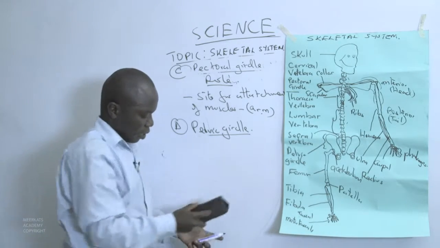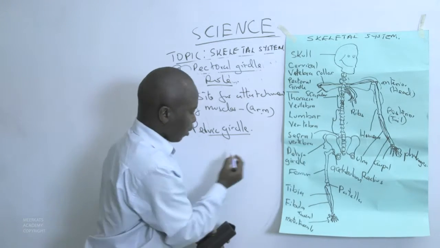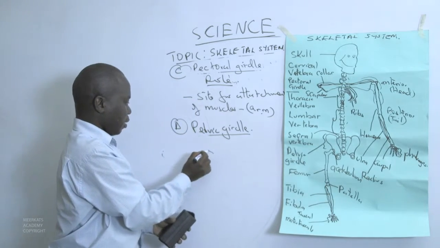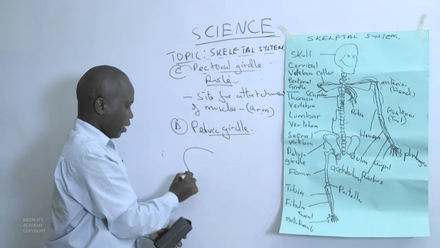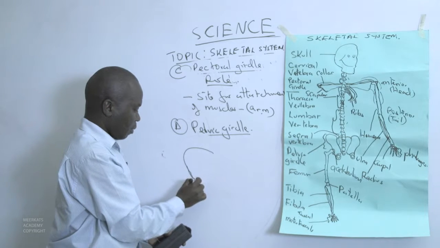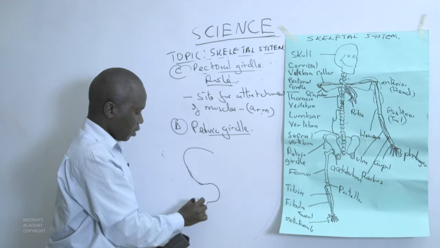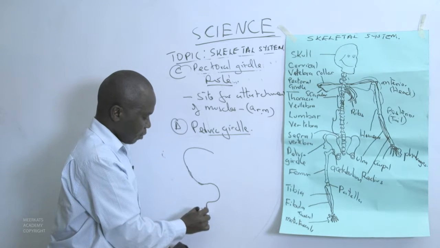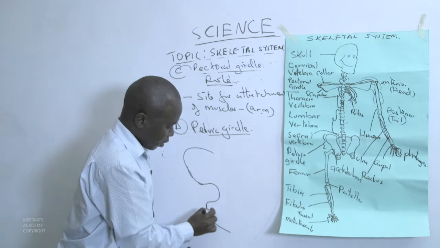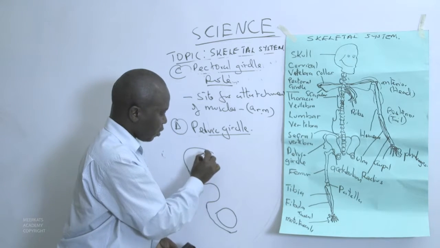Maybe to illustrate that, we can just use a diagram or an illustration to show that. So I'll pick it from there. We have the larger part called the ilium of the pubis. It has a cavity, you're going to find out the name. And then the anterior part, that's one bone.